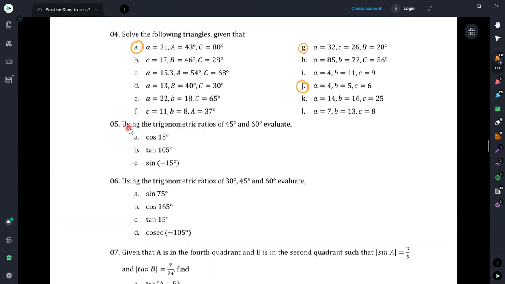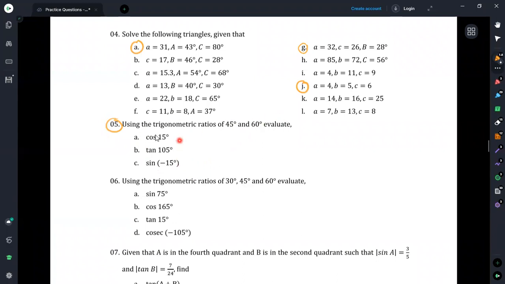It is just using the concept of the compound angle formulas, we can simply obtain these values. Now I will discuss question number 5. Here it is asked to use these trigonometric ratios of 45 and 60, because these are the known angles and we know the values for the trigonometric ratios of these two angles.